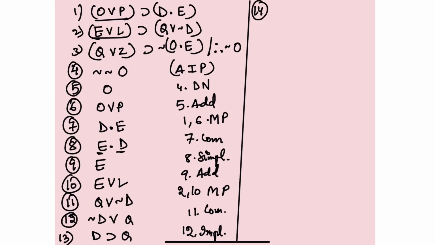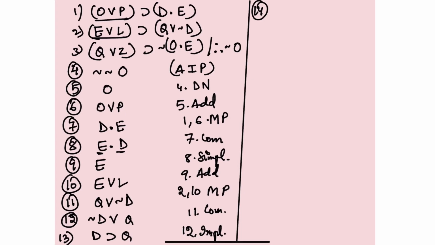Next you have the 14th step. You have already got D horseshoe Q. So after D horseshoe Q, again you can use modus ponens here.